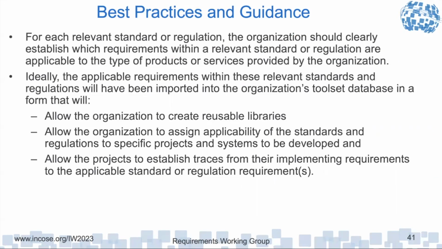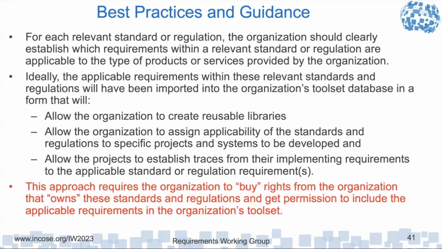Ideally, those applicable requirements would be imported into the organization's toolset database in a form that allows the organization to create reusable libraries, assign applicability of the standards and regulations to specific projects and systems to be developed, and allow the projects to establish traces from their implementing requirements to the applicable standards and regulations.